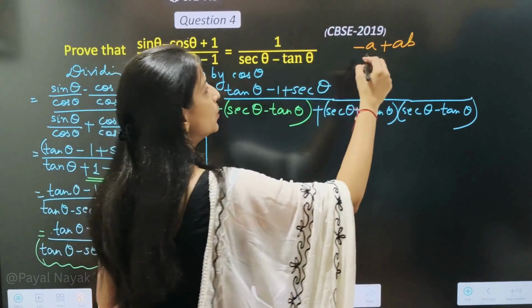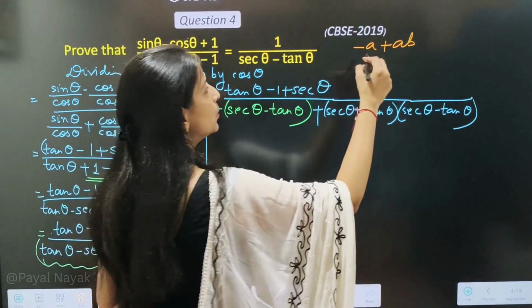Yes, you have already studied this. So in the same way, we are going to apply it to this particular sum. So in this sum, your a is your sec theta minus tan theta. So you can see this is common. So your minus a plus ab, a is sec theta minus tan theta. It is present over here in this also as well as in this.